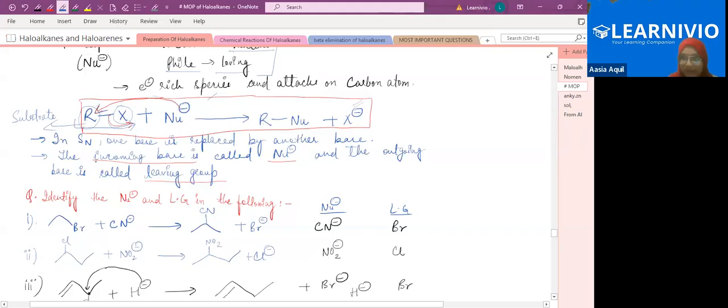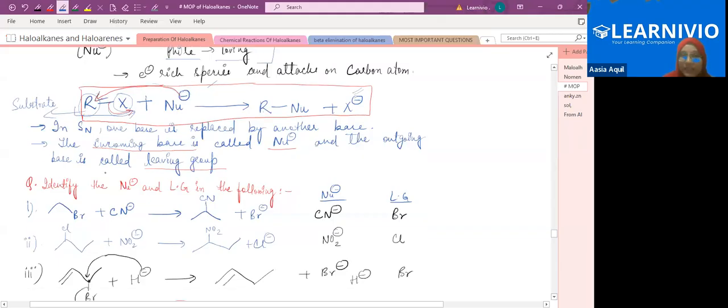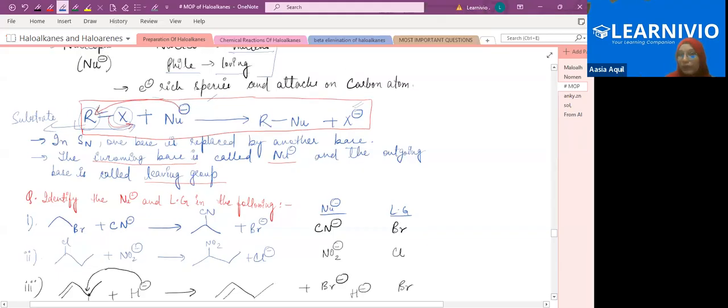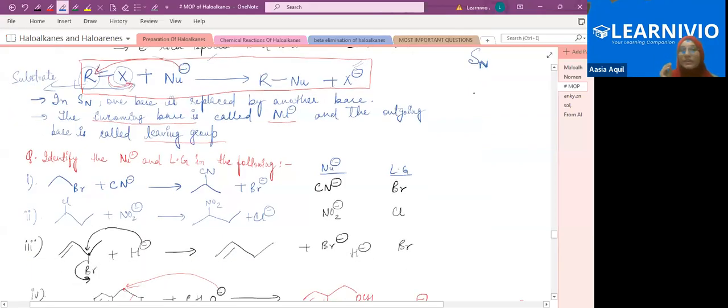So the halogen group will leave and there will be a new bond formation of this nucleophile with the alkyl group. Okay. So how do we denote the nucleophilic substitution reaction? Capital S, and in the subscript we write capital N. That is your nucleophilic substitution reaction. In nucleophilic substitution reaction, one base is replaced by another base.